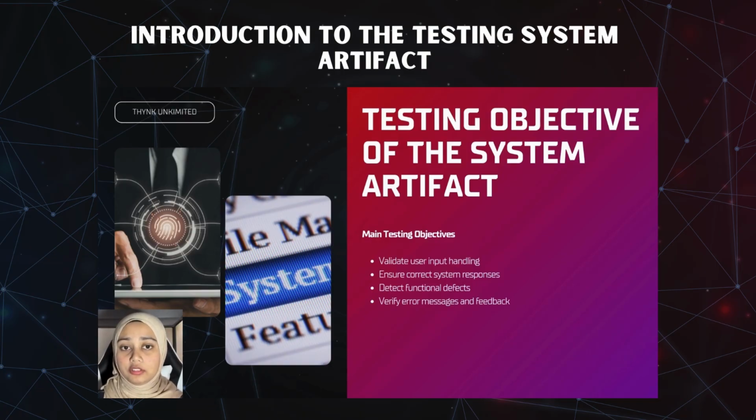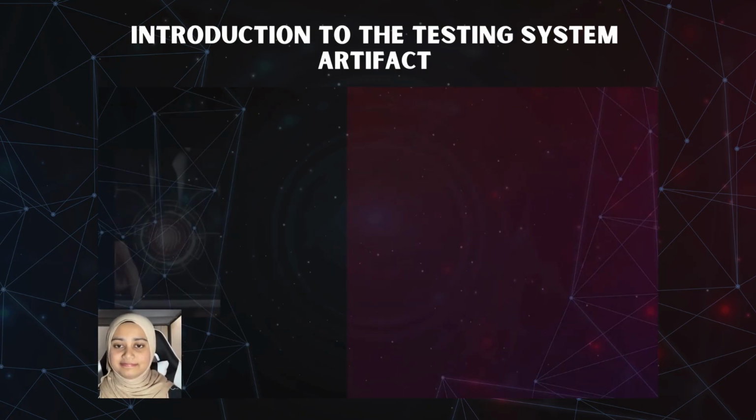Another objective was to detect functional defects, particularly related to input validation and system response. By identifying this defect early, potential issues can be prevented before the system is used in real environment. Overall, this testing objective help to improve user experience, data integrity, and system reliability in real-world application.